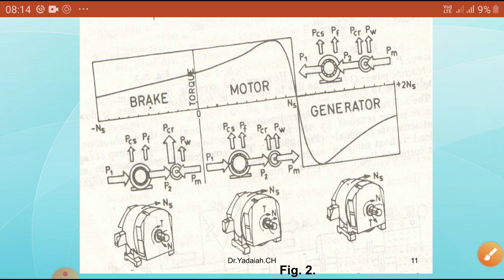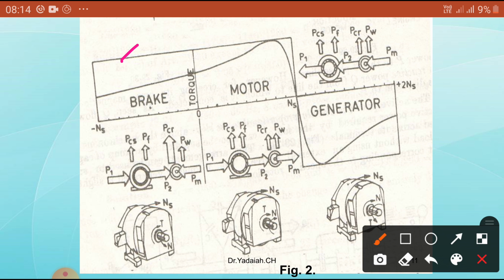Another mode is the braking mode. You can see this curve also: the curve of the generator is the reverse of the motor. Now if we extend this, here N is equal to 0 and N is equal to synchronous speed.